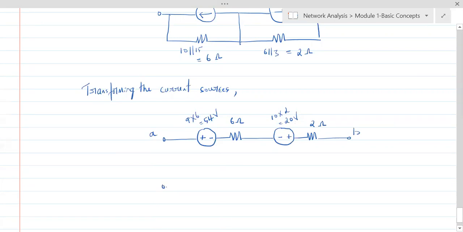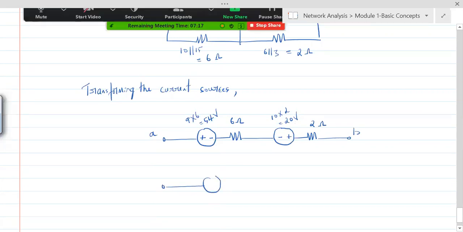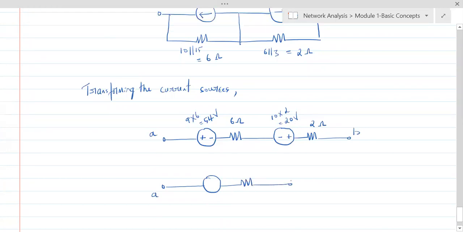Therefore, this particular thing reduces to this. A, B, what is this? Plus minus, because 54 is dominating. This is bigger voltage compared to this. That's why the resulting polarity would be of this. So it is 54 minus 20, that is 34 volts. And 6 ohms and 2 ohms are in series, so it would be 8 ohms.